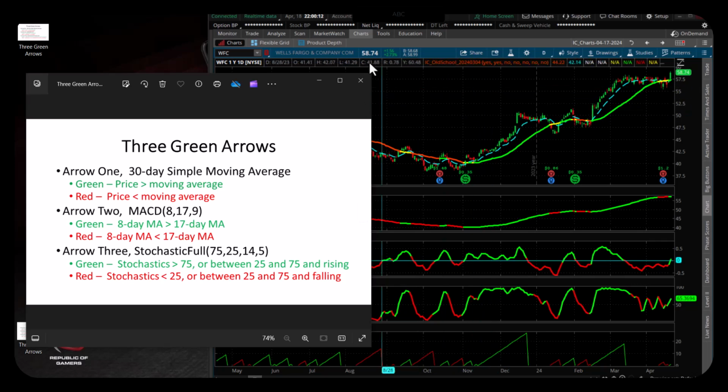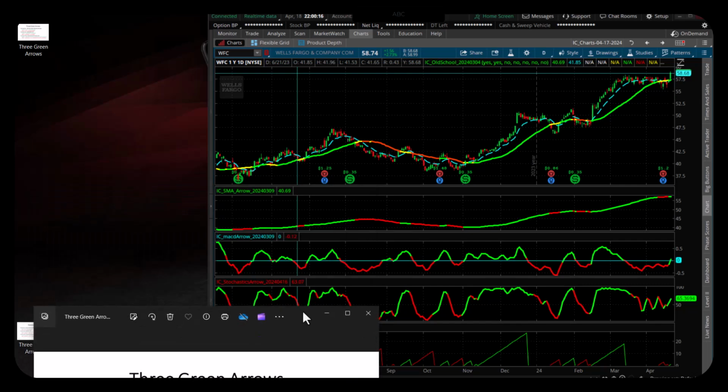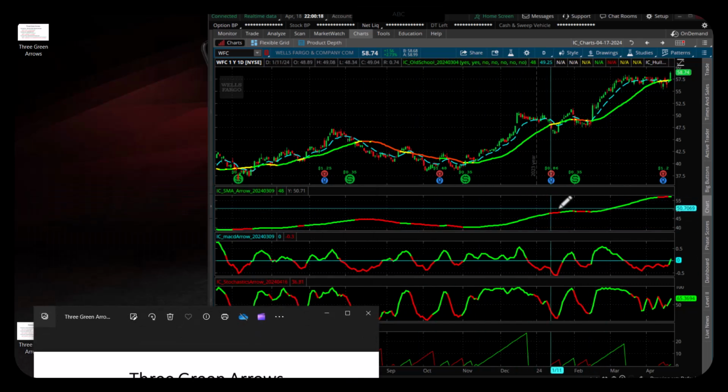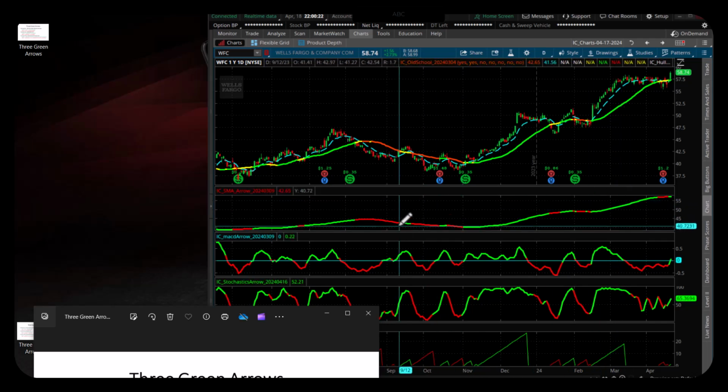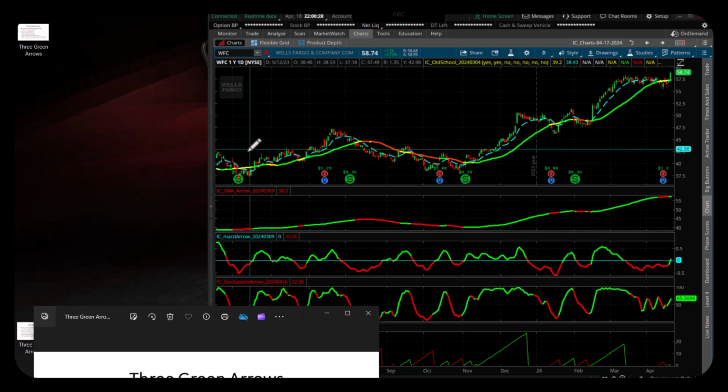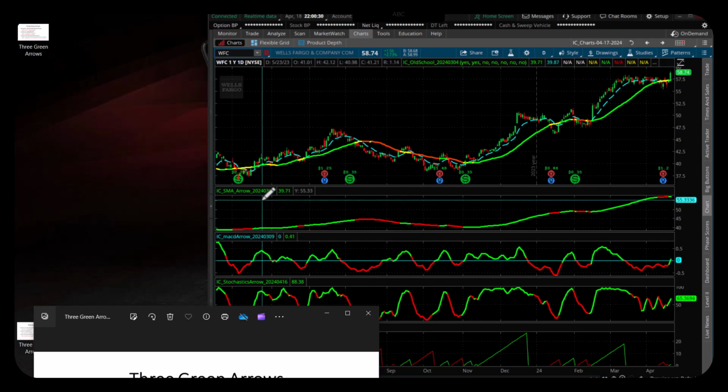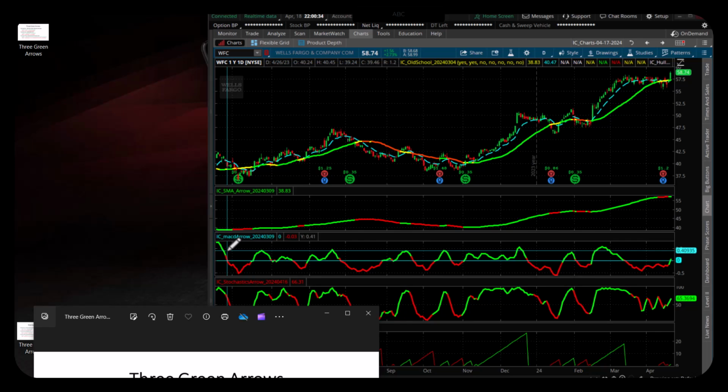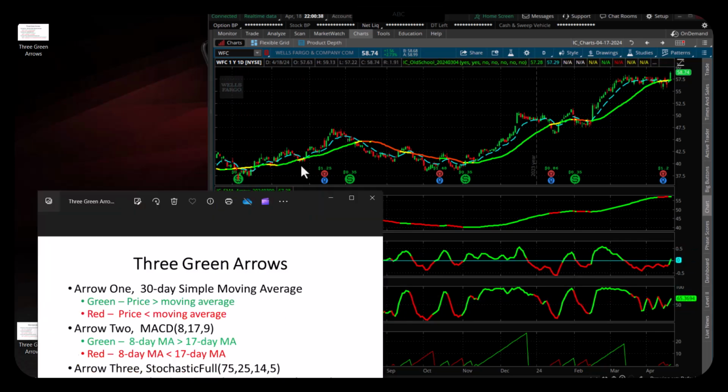In this chart over here, I've got them laid out so that they show the green arrows and the red arrows, if you will, for each of the strategies associated with the three green arrows. One strategy is associated with the simple moving average, one with the MACD, and the other with the stochastics.